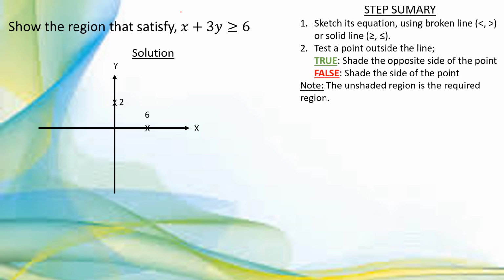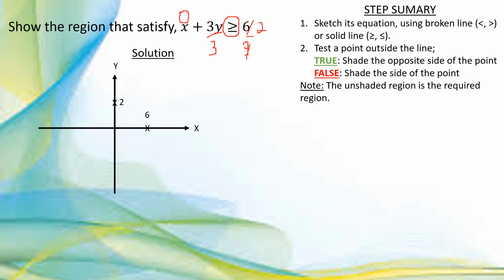When x is 0, we can divide both sides by 3. We are actually sketching its equation, so I don't really consider the sign yet. Once we divide both sides by 3, 6 divided by 3 gives 2.